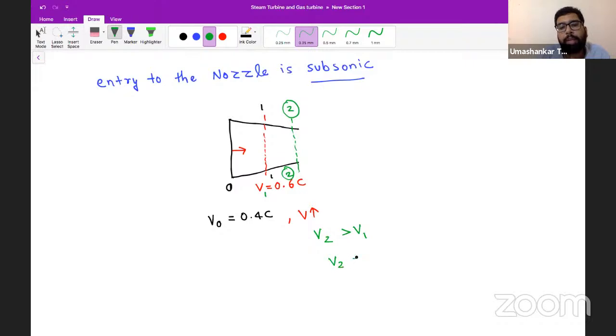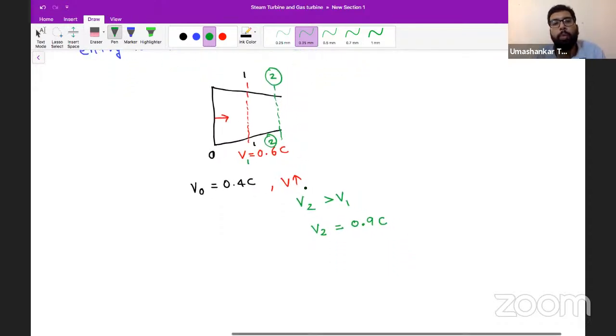Let's say v2 has become 0.9 of the velocity of sound. So we are still in subsonic condition. Now tell me, if I further decrease the area, will the velocity increase? It will certainly increase, because we are still in the subsonic region, and we have concluded that in the subsonic region, whenever we decrease the area, the velocity will increase.